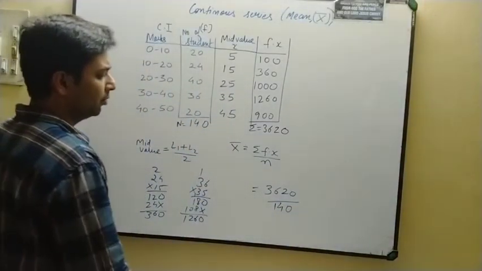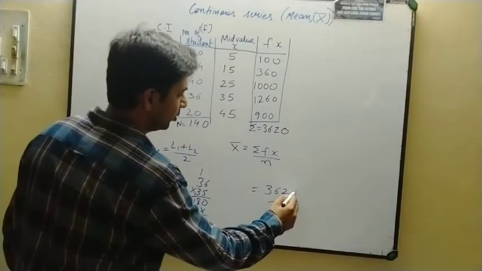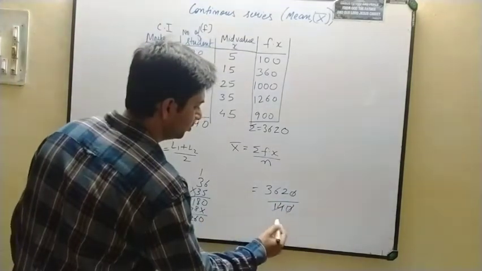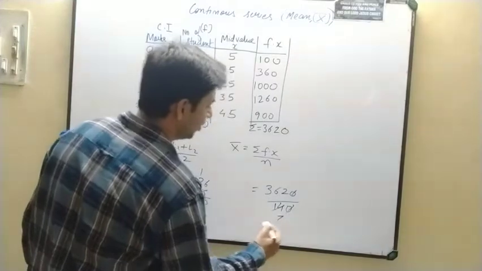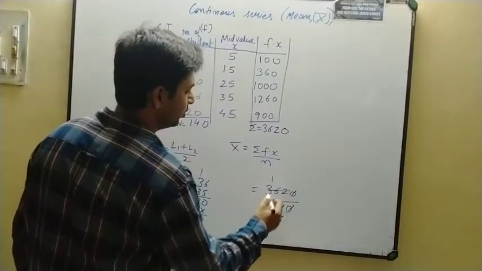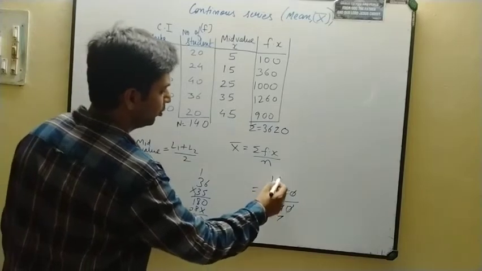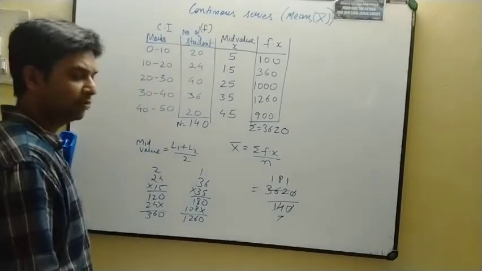Now what we do is we just cancel out. We can cancel 0 by 0, then we can cancel by 2. Start with small numbers only. 2 1s are 2, 2 8s are 16, 2 1s are 2, so 181.